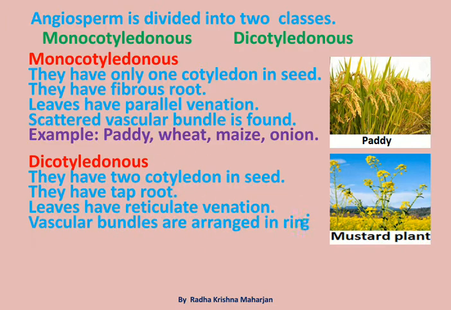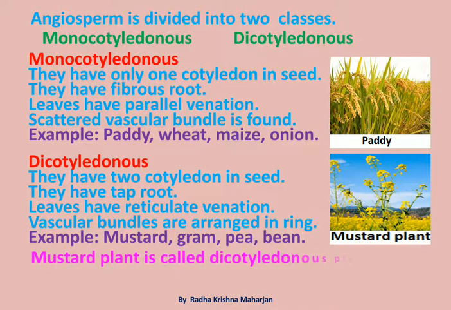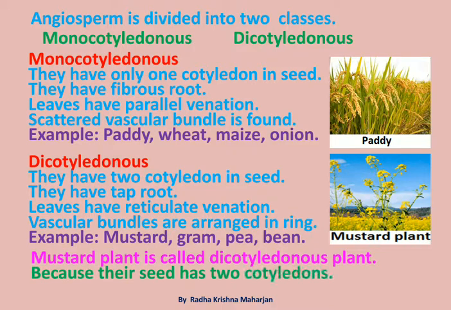Vascular bundles are arranged in ring. Example: mustard, gram, pea, bean. Mustard plant is called dicotyledonous plant because their seed has two cotyledons.